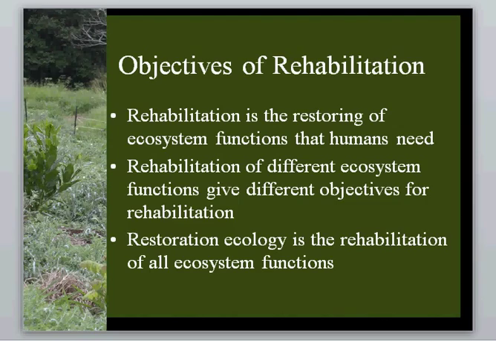So rehabilitation for slope stability, the objective there is to restore an ecosystem or to put in place an ecosystem which has the function of stabilizing soil or stabilizing a slope, preventing erosion.